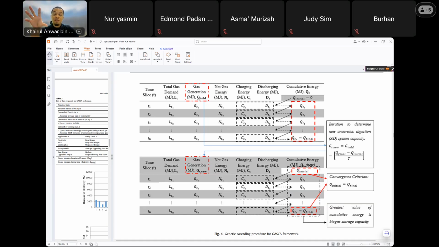They do the optimization, then they reevaluate the GT using this equation: GT old minus Q final minus Q initial over T. So the convergence criterion is Q initial must be equal to Q final.